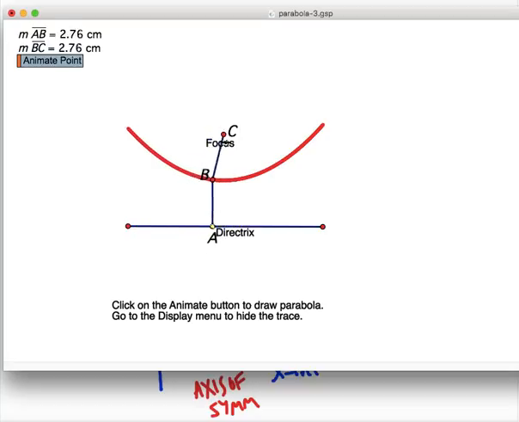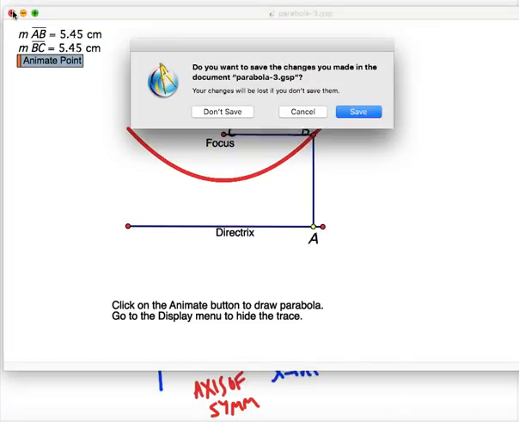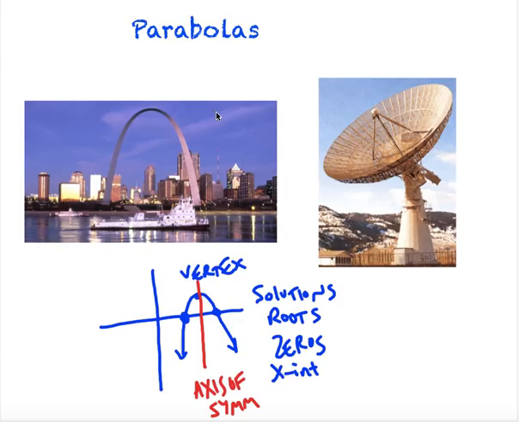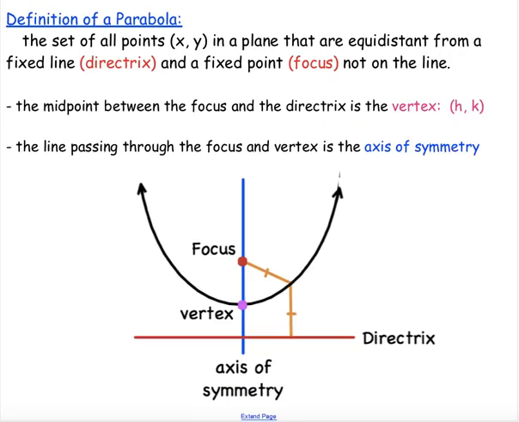So there's this focus that we've never talked about before and this directrix that we've never talked about before, and this relationship between the focus and any point on the parabola, and then from that point to the directrix remains equal. So here is kind of our new way to approach parabolas.